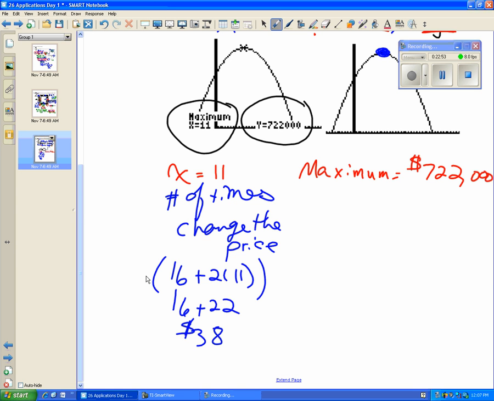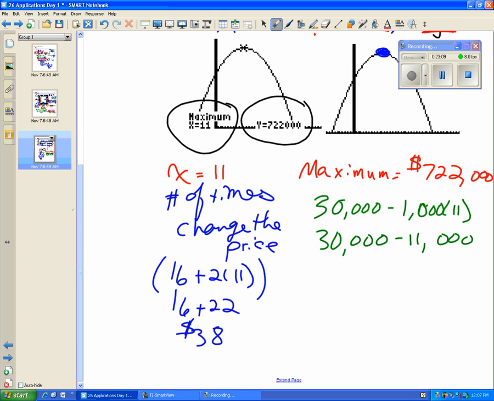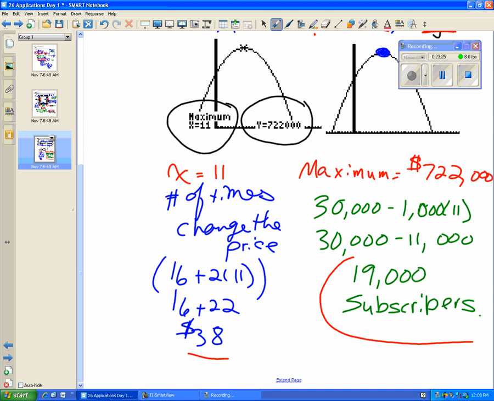But when I do that, I have to take this 30,000 and subtract 1,000 times 11, and I'm going to get 30,000 minus 11,000, which is 19,000 subscribers. So that tells me if I charge $38 a year, I will reduce my subscribers to 19,000, but I'm going to maximize and make the most money I can at $722,000.